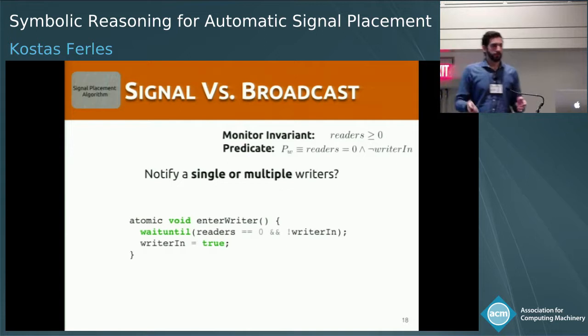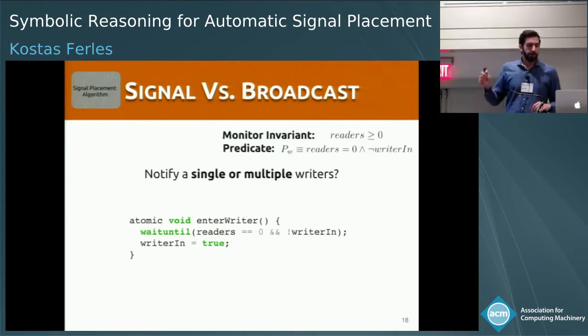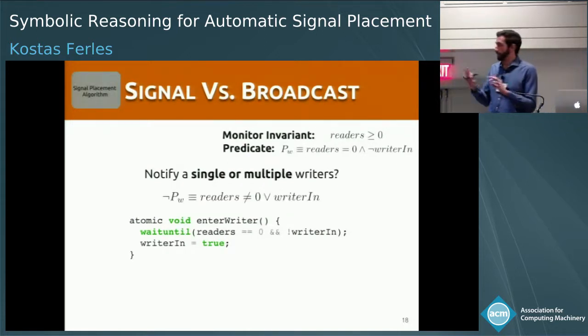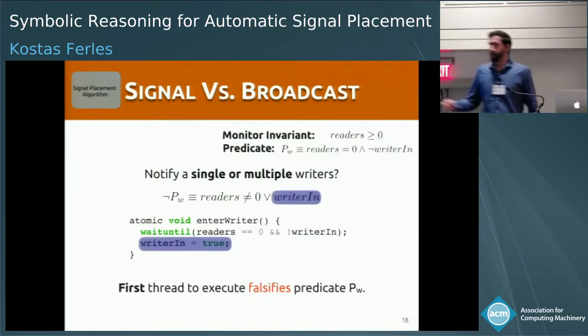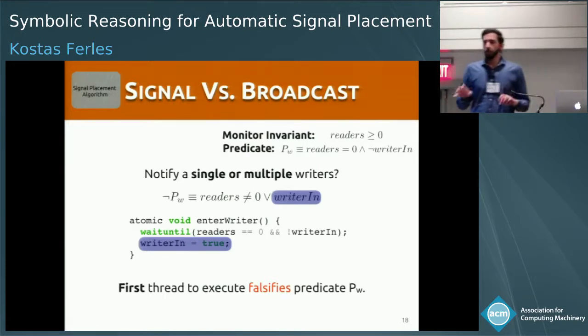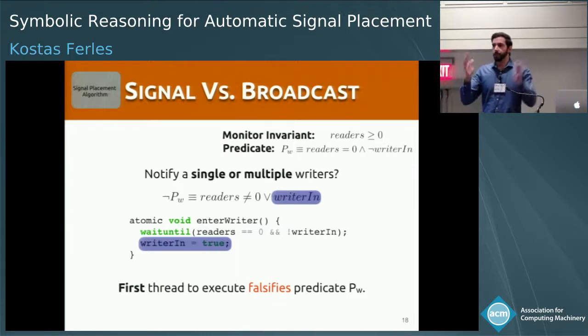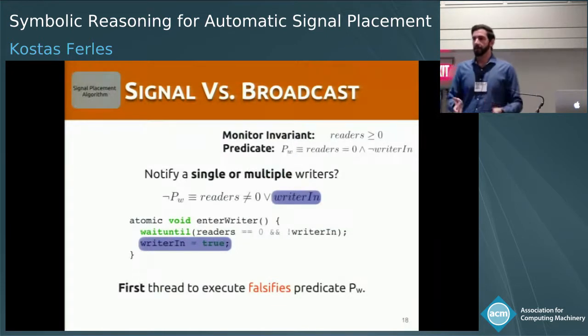Specifically, our algorithm is going to try to infer how this statement affects the value of PW. Here, it's very easy to see that by executing writer in equals true, this is going to make PW false. So this is equivalent to saying that the first thread to execute after a signaling operation is going to falsify the predicate immediately, making it futile to wake up any other writer thread waiting on the same wait until statement.